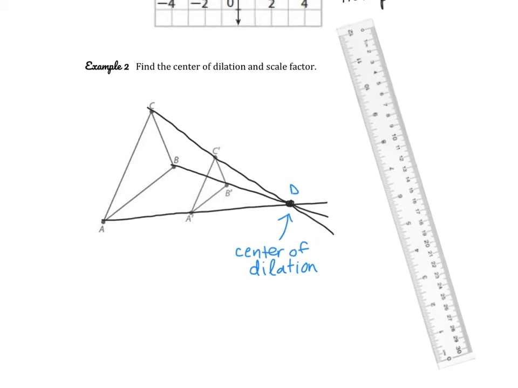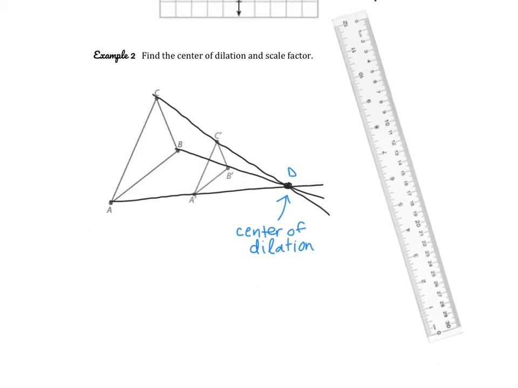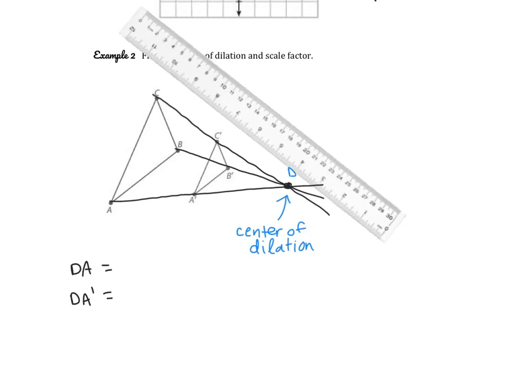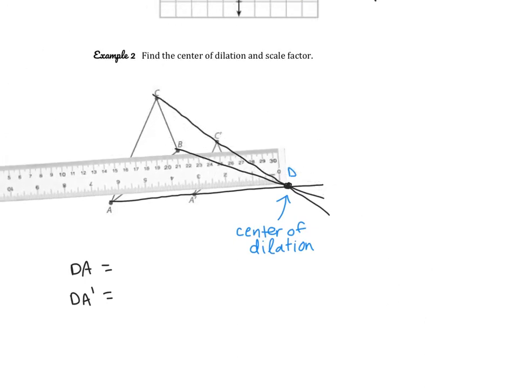Okay, so now we're going to take our ruler and measure the lengths from the center to our pre-image and the center to our image, and we're going to compare those lengths. So let's start by measuring DA and DA prime. You take your ruler and line it up. Mine's a little bit off because my lines aren't perfectly straight, but let's say that the length of DA is about 6 inches and the length of DA prime is about 3.